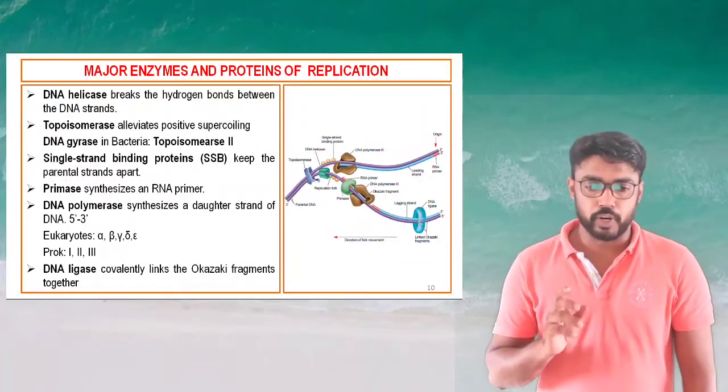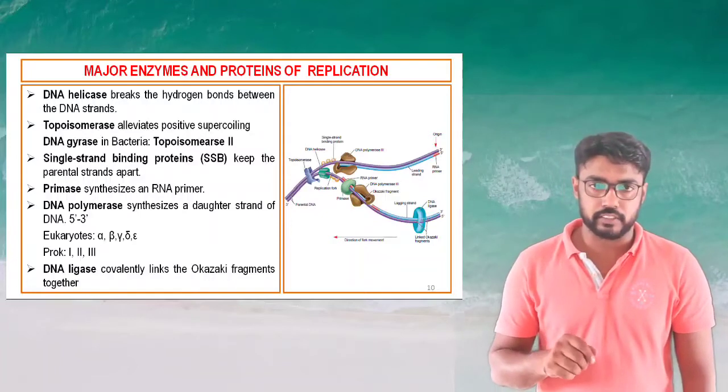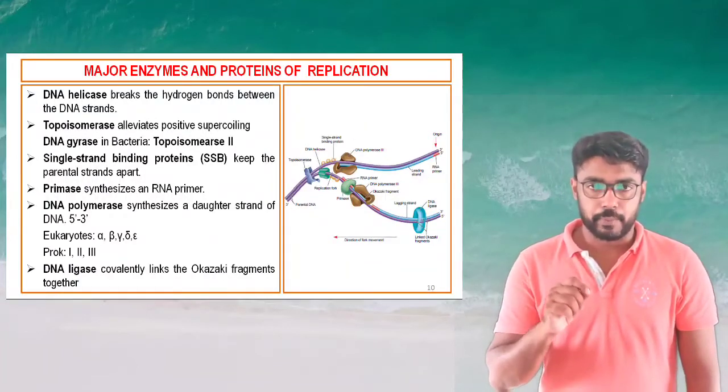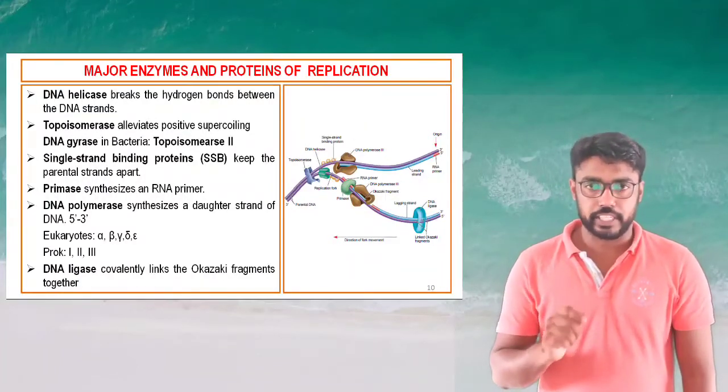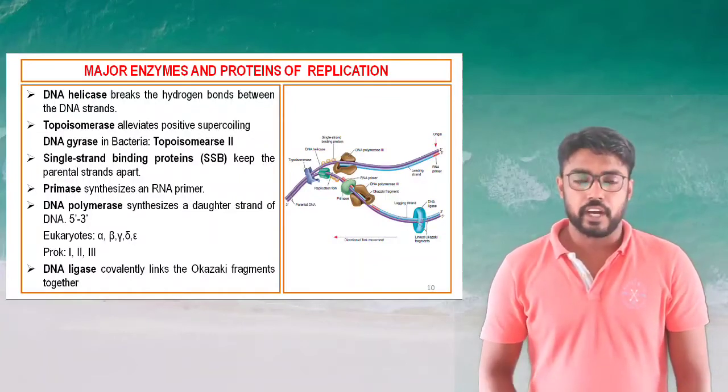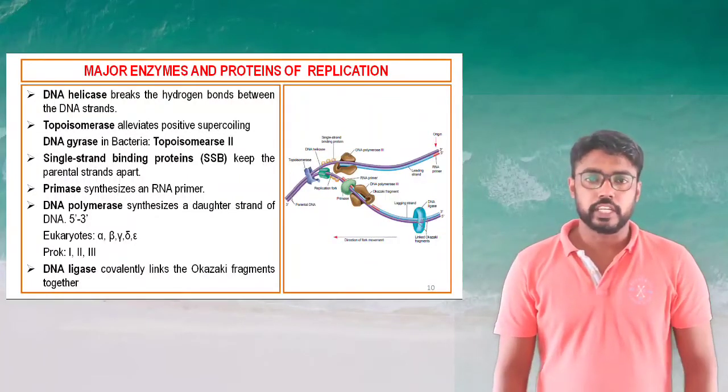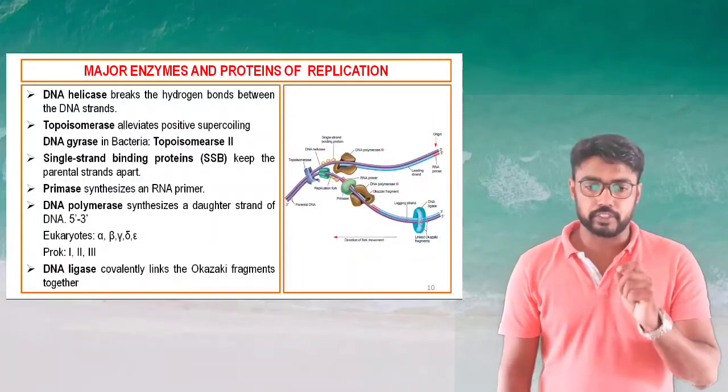And in prokaryotes, that is bacteria, there are DNA polymerase 1, DNA polymerase 2, and DNA polymerase 3.